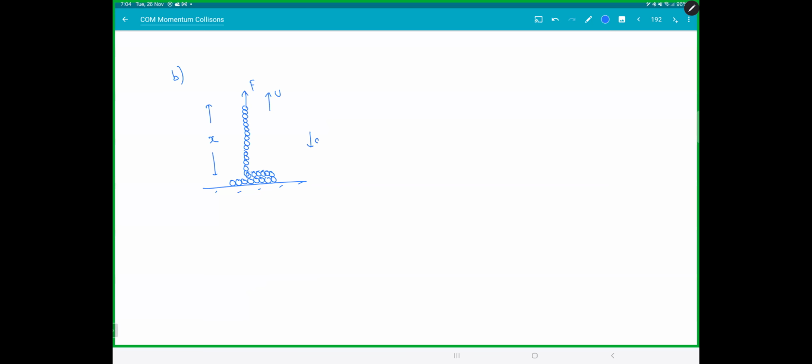Gravity is there. Find the power due to the external force as a function of x.